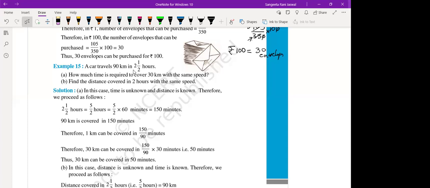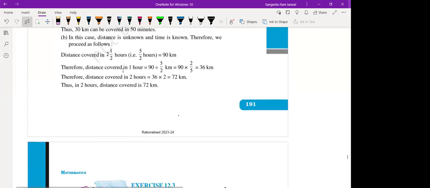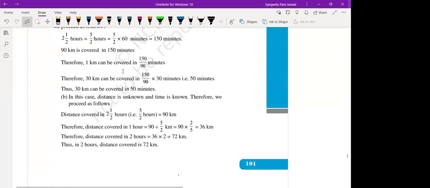So 2.5 hours, first we have converted this to minutes. So 1 kilometer is covered in 150 by 90 minutes. 30 kilometers can be covered in the time for 1 kilometer multiplied by 30. We'll do it and it will be more clear, until we do the question just by reading.